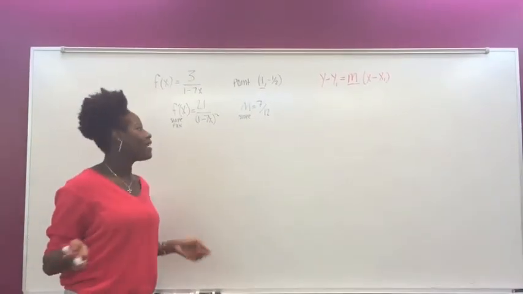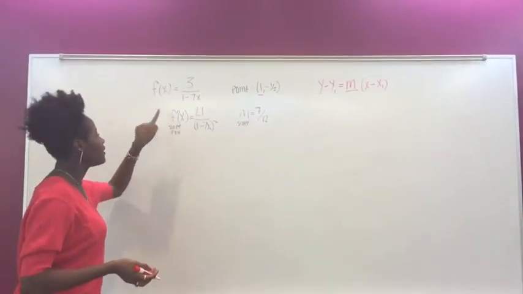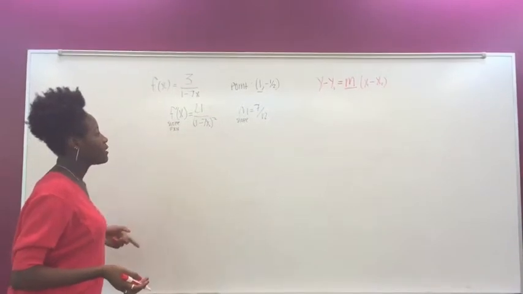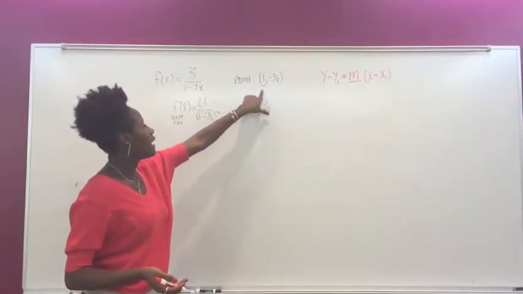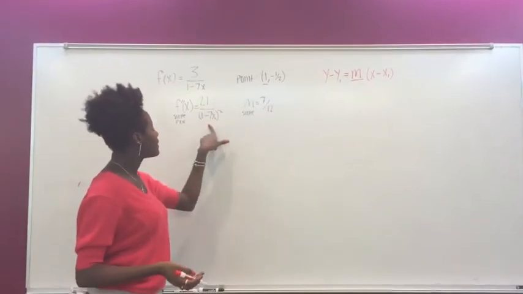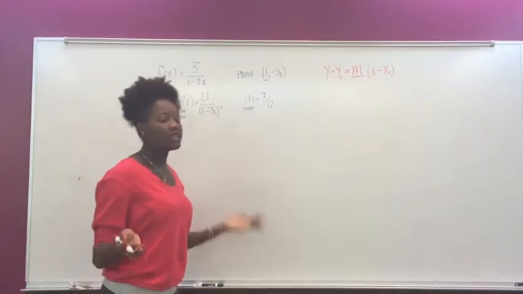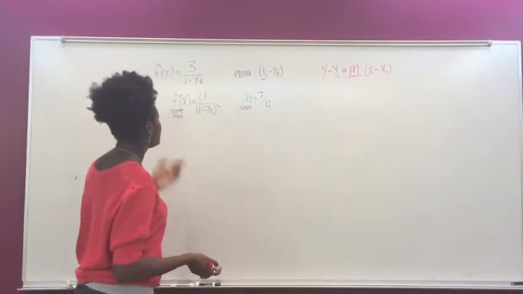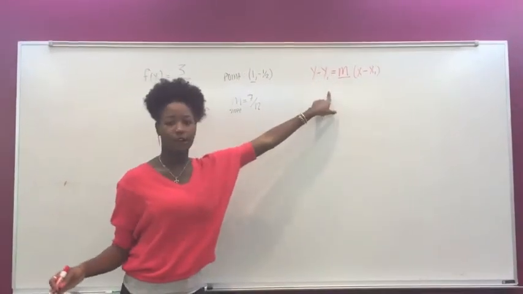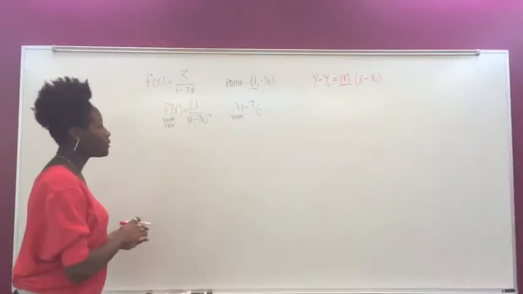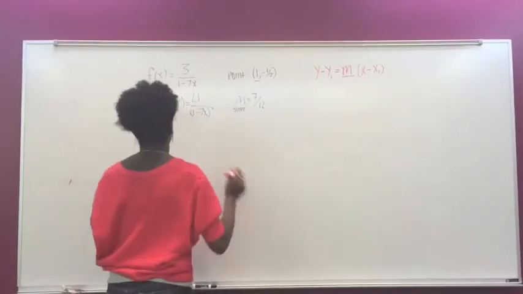So what we have now is the slope function that we found by taking the derivative of the original function, and we have the slope, which was found by plugging in 1 for x in the slope function, which leaves you with 7 over 12. So the last step that you need to find the equation of the line tangent to this graph is to use the point-slope formula, and all you need for the point-slope is a point and a slope, and fortunately we have both.